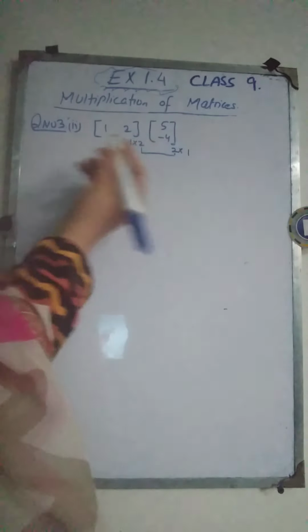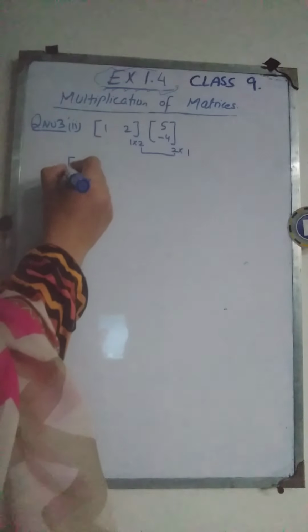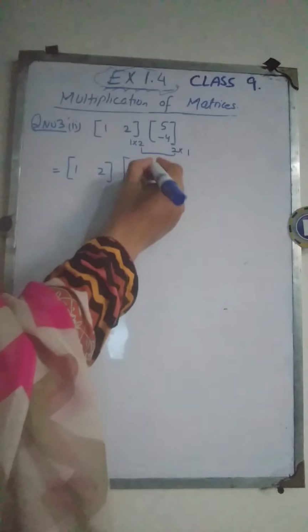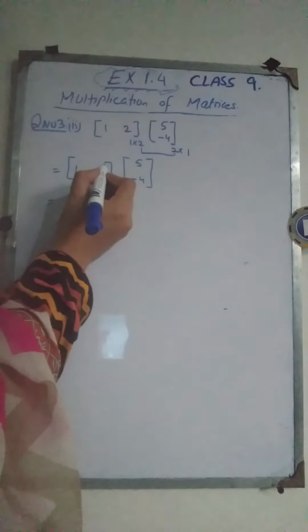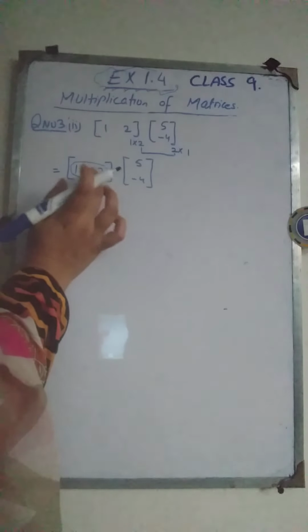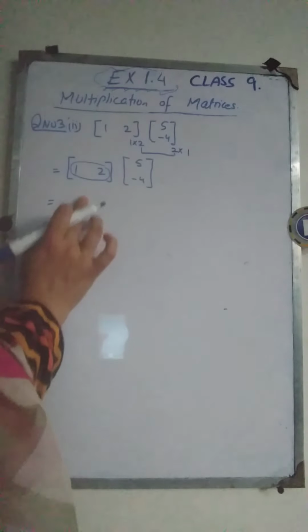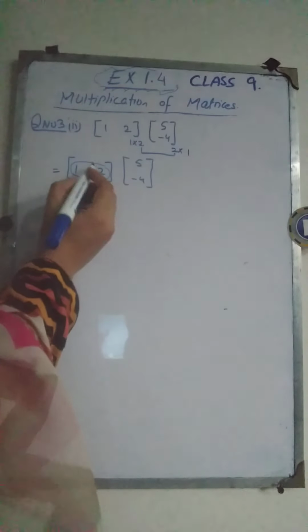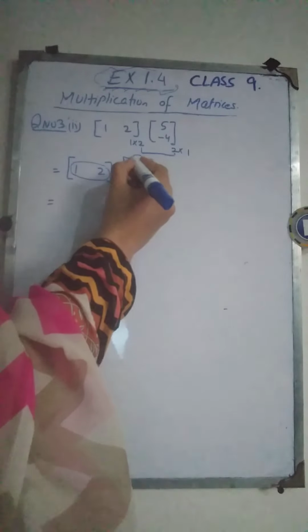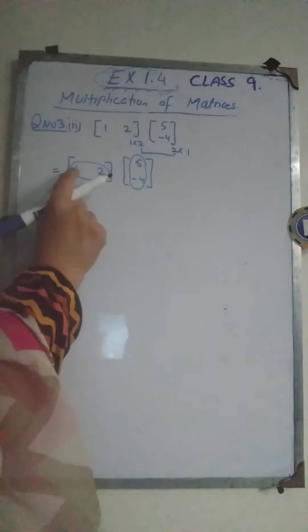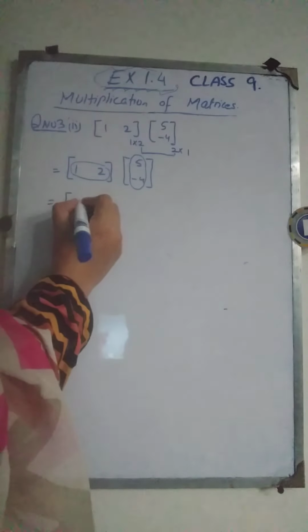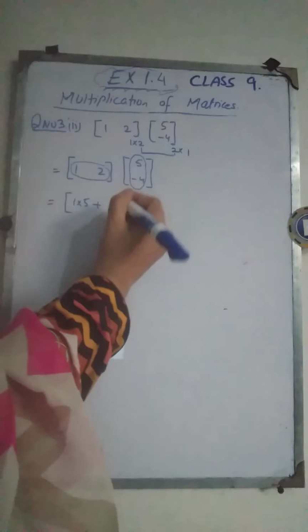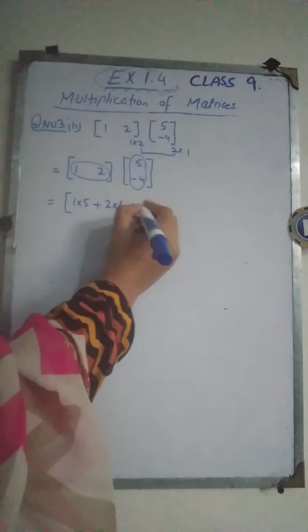Now let's start multiplying them. 1, 2 multiplied by 5, negative 4. So, as we did before, we are going to pick the row one by one. As it has only one row, obviously we won't go further. Multiplying the first row with the first column, the first element will be multiplied with the first element, plus the second will be multiplied with the second element.